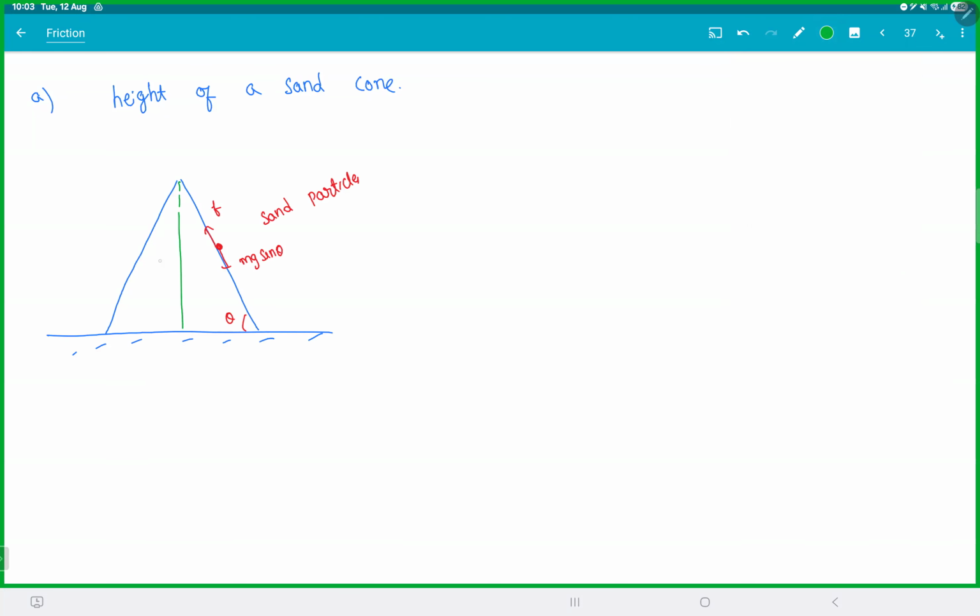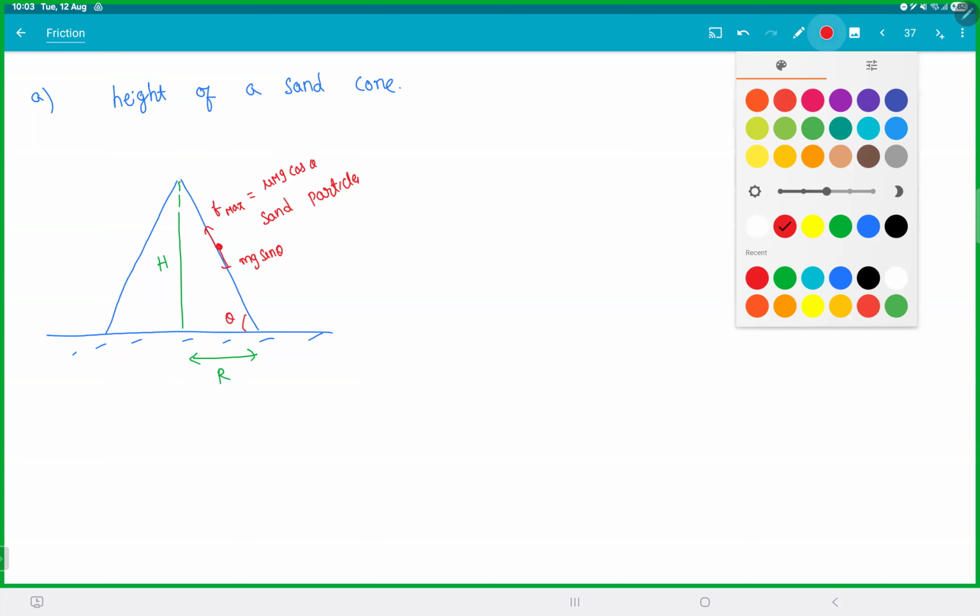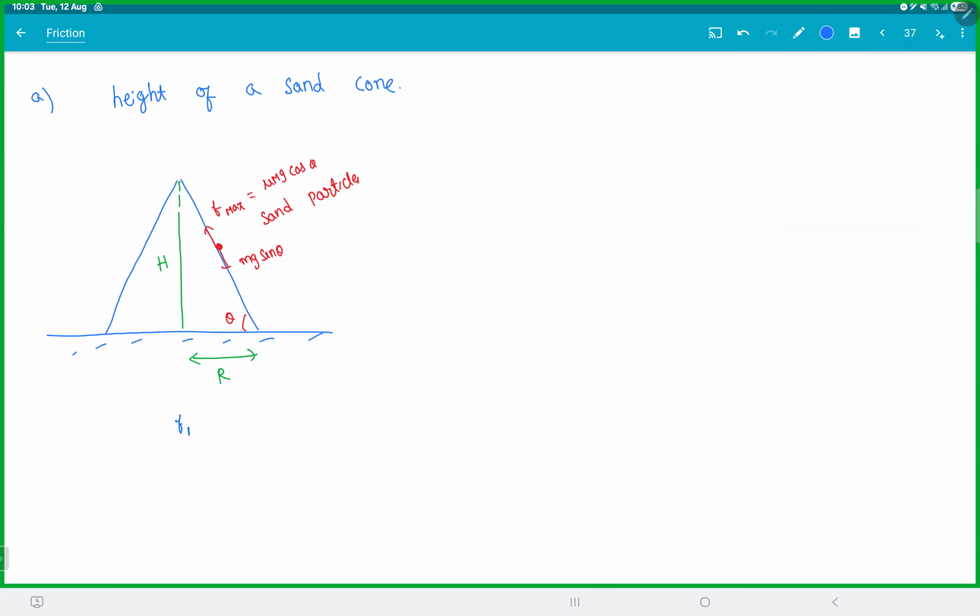This is the height of the cone, and this is the radius of the cone. When it is about to slip, this friction will be maximum. Same story. Basically, this will come out to be the angle of repose. So tan theta will be mu, which is equal to h by r. So the height of the cone will be mu into r.